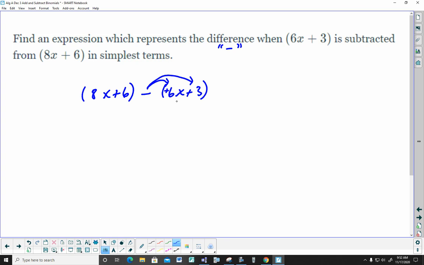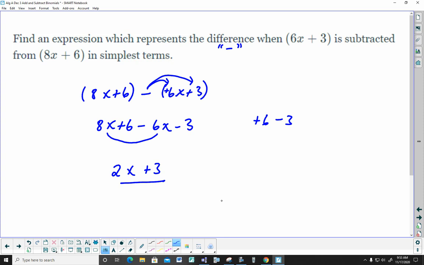Both of these are positive, so they both become negative. And now you combine like terms. These are like terms. 8x minus 6x is 2x. You're just taking the symbol that's in front. So that's 6 plus positive 6 minus 3 is 3. So it's plus 3. That's your final answer.